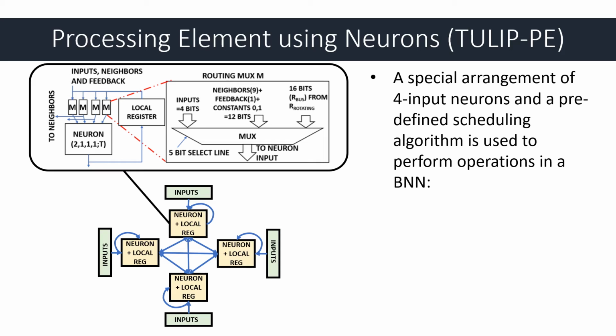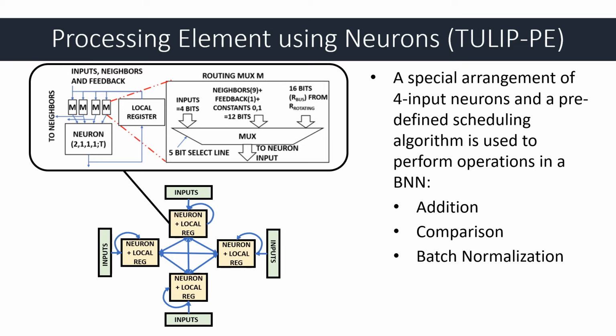Using this arrangement, it is possible to implement several operations used in the BNNs, such as addition, comparison, batch normalization, max pooling, and ReLU. Although the details on how these operations are performed on the TULIP-PE can be found in the paper, we will show the flow used for executing these operations in the next slide.